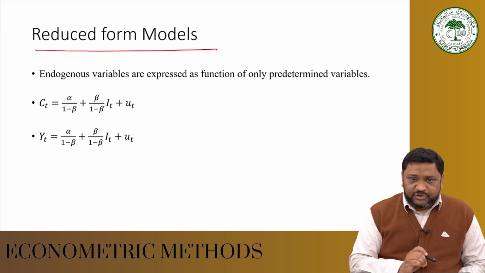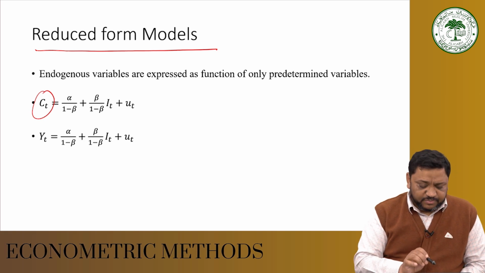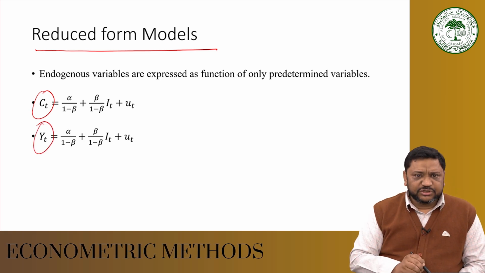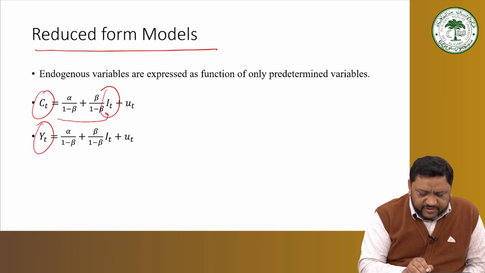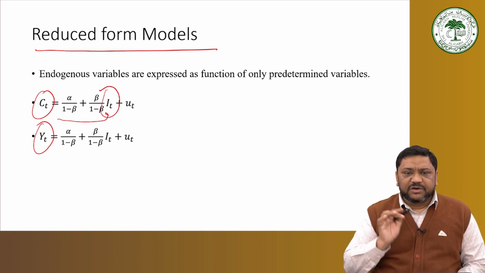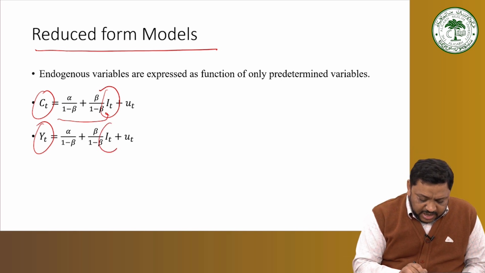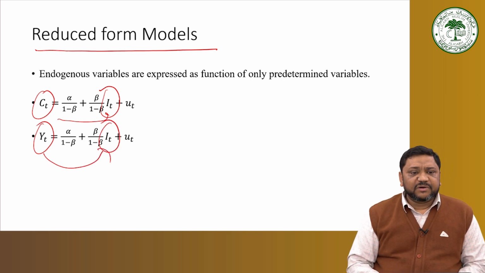But at the moment, Ct is an endogenous variable, yt is an endogenous variable, and each is being explained as a function of it, which is an exogenous, predetermined variable.